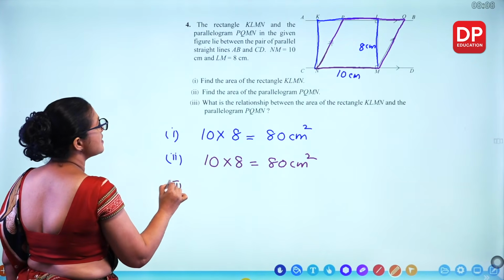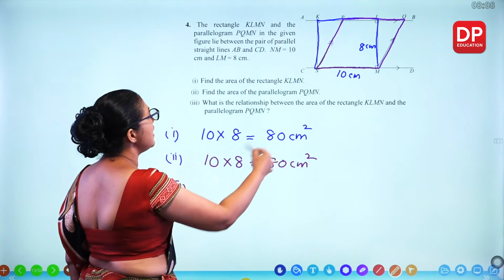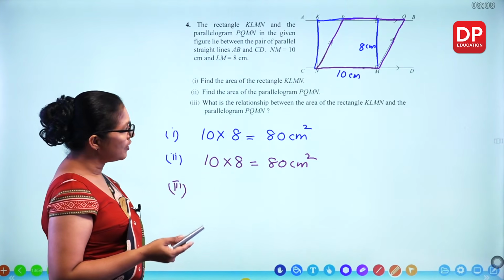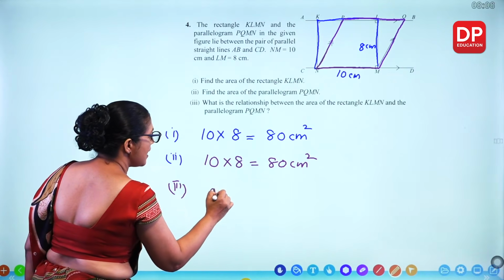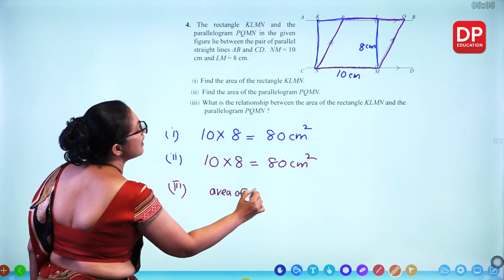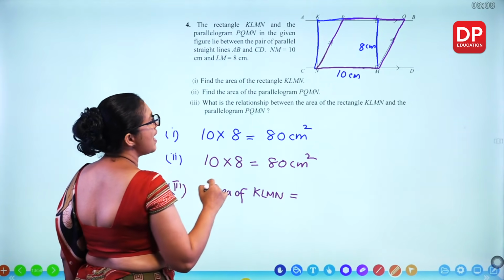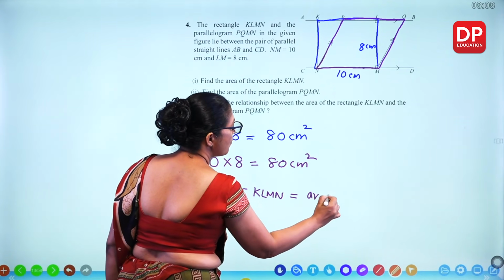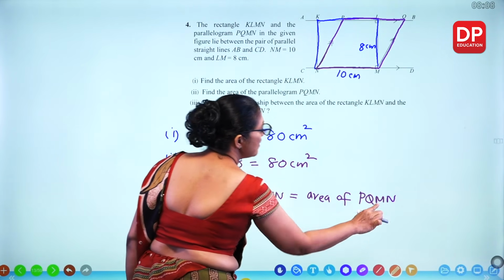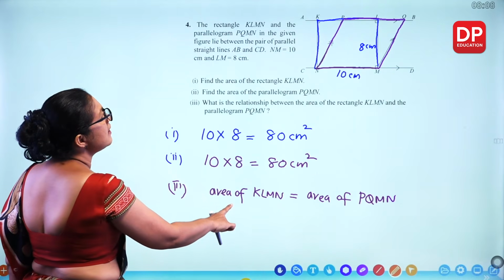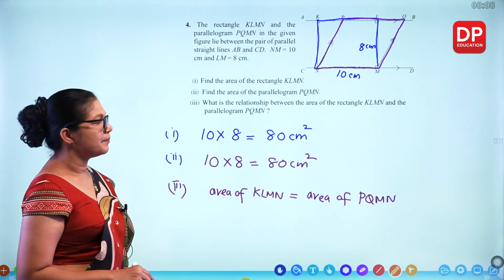And the third part says what is the relationship between the area of the rectangle and the area of the parallelogram. What can you see? You get the same area. I can write area of KLMN is same as area of PQMN. This is a rectangle and this is a parallelogram.